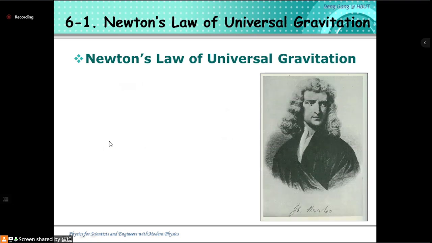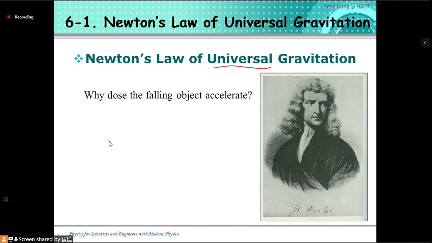Newton built his laws based on Kepler's laws, but he had his own theory. The most important idea is that Newton realized gravitation is universal. We all heard the story of the apple hitting Newton's head.